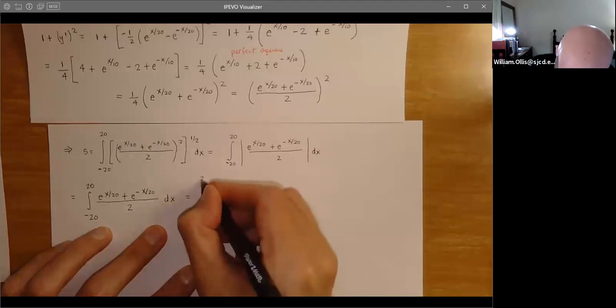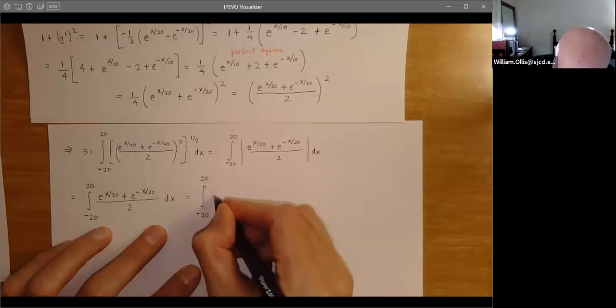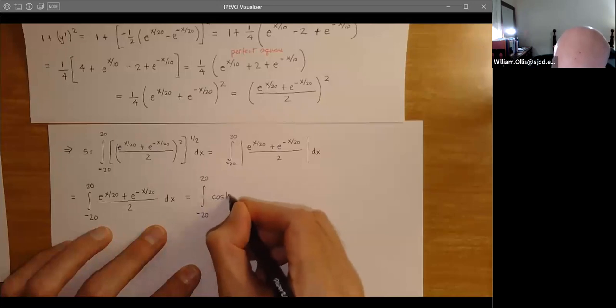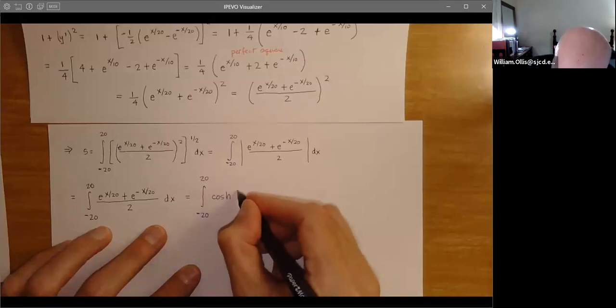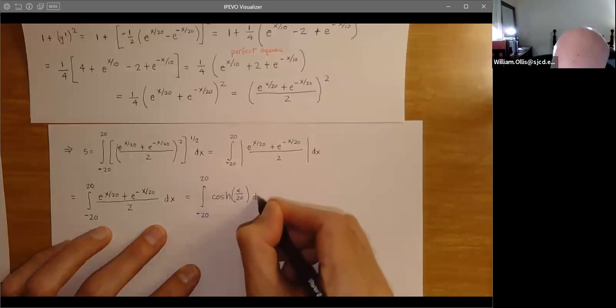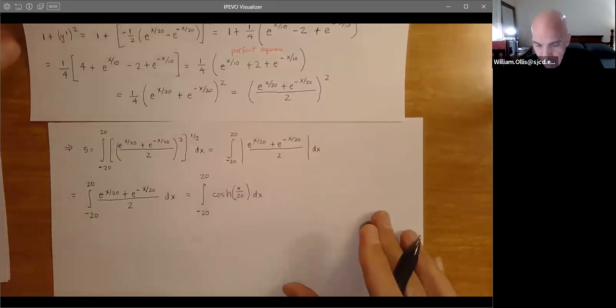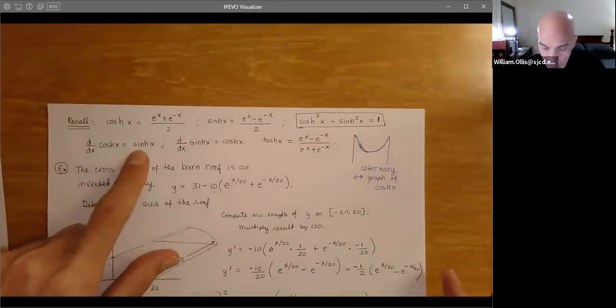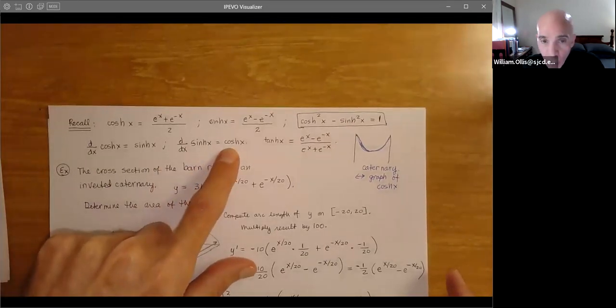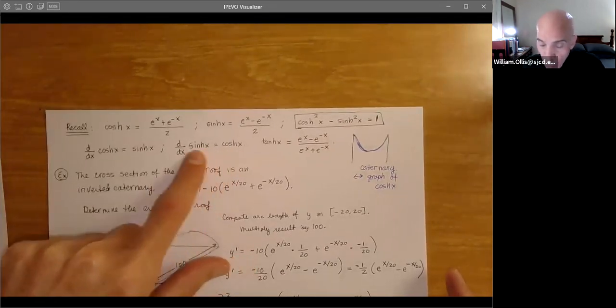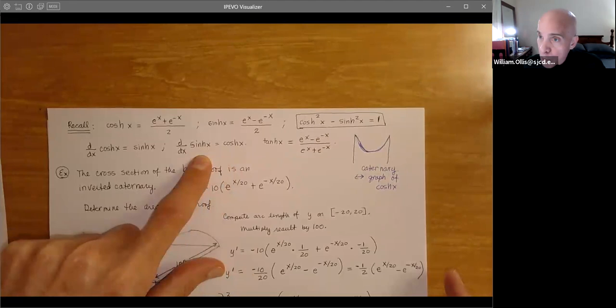Of course, it's an even function. Hyperbolic cosine of x over 20 dx. But now, from our calculus here, the integral of the hyperbolic cosine will be the hyperbolic sine if we just work this backwards.